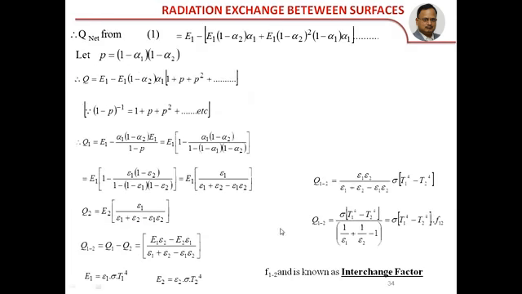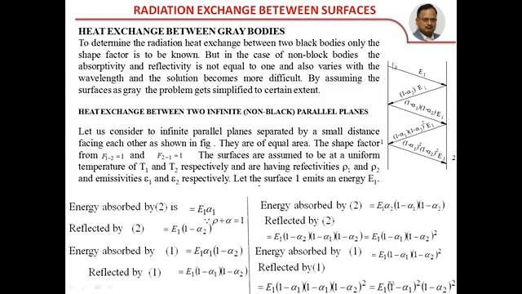So that much amount of difficulty is there to determine radiation heat exchange between two bodies, because each time the ray is falling on a body, a fraction of it is absorbed and a fraction is reflected. Again here a fraction of it is absorbed and a fraction is reflected.